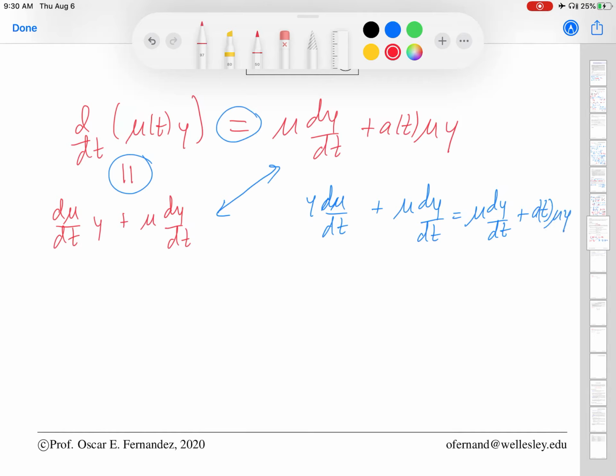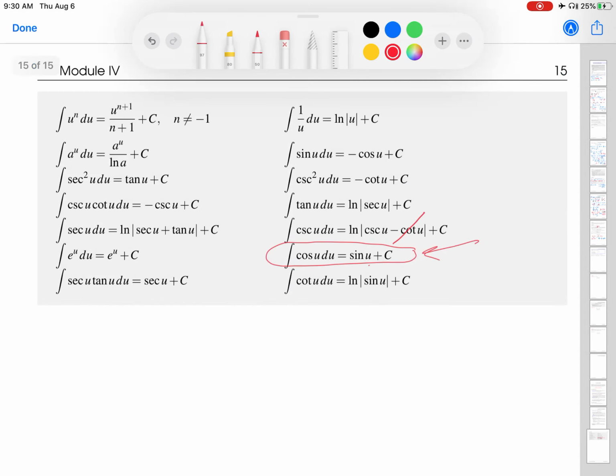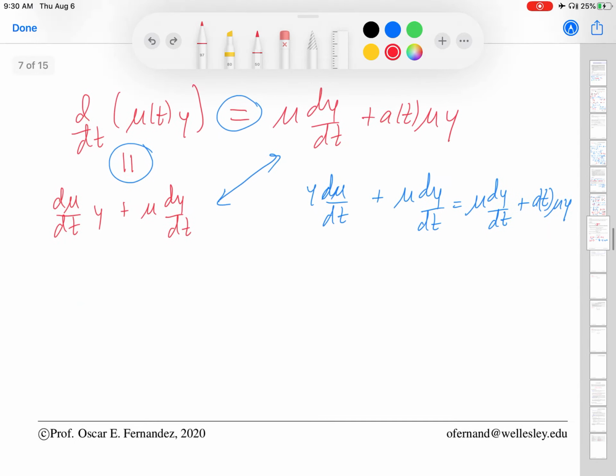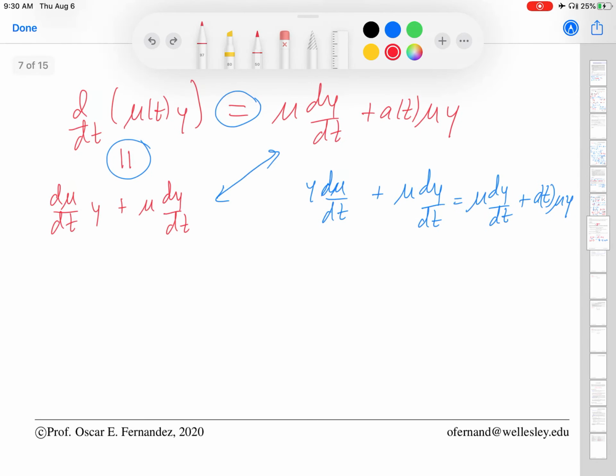And certain terms cancel out, right? When things start canceling out in an equation, generally that's math telling you that something is going right. So these terms cancel out here. They're both mu times dy/dt. So what are we left with? We are left with y d mu/dt equals a of t times mu times y.